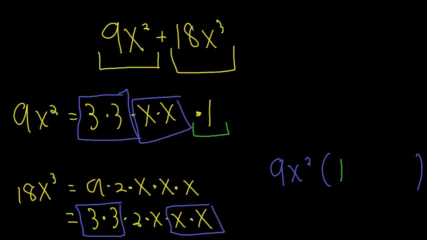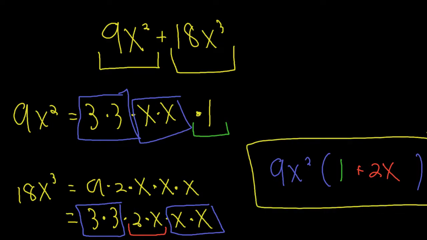And then in my second term, I can see that I have a 2 times x left over. So I'm going to write plus 2x. So my final answer is 9x squared times 1 plus 2x.